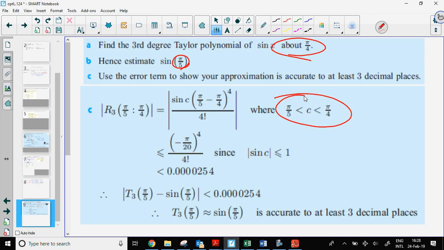So if I want to really maximize this error, let's just throw 1 in for sine of c. If we do that, turns out, look, we still got 4 zeros after the decimal place. So our approximation is accurate to at least 3 decimal places.